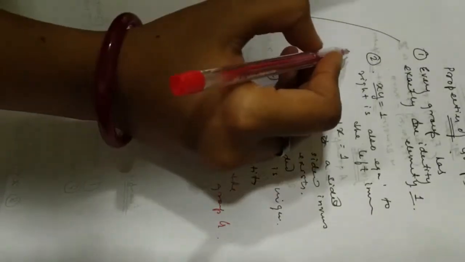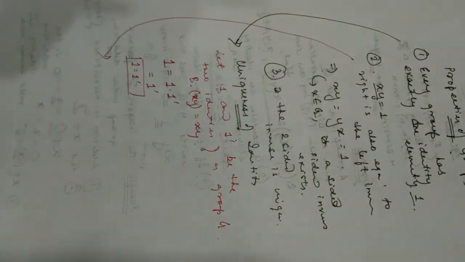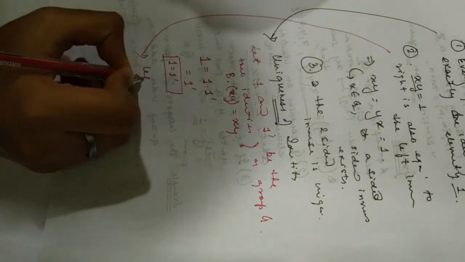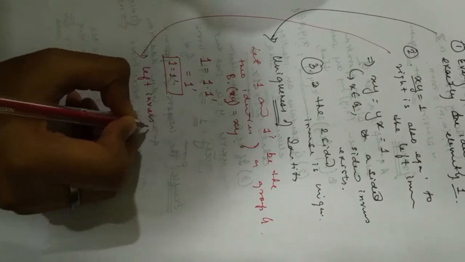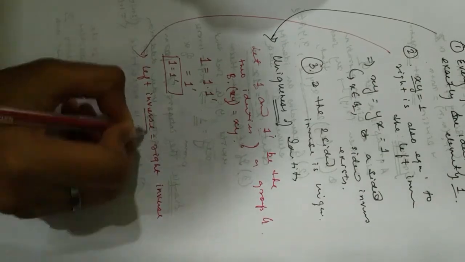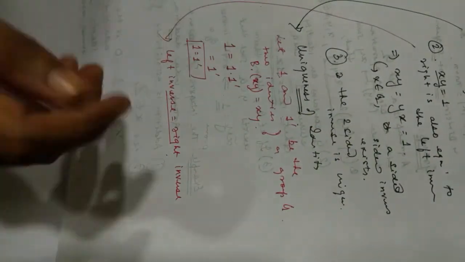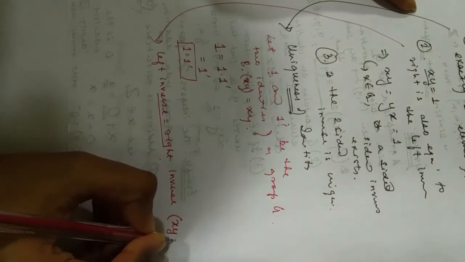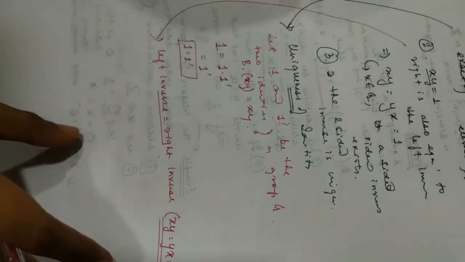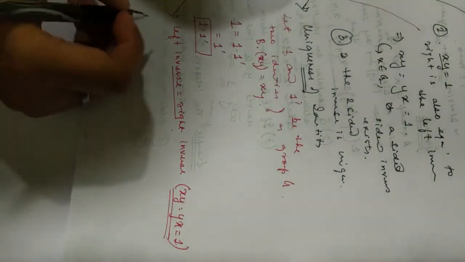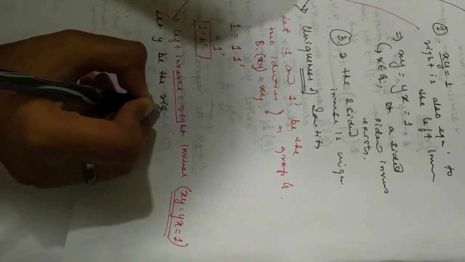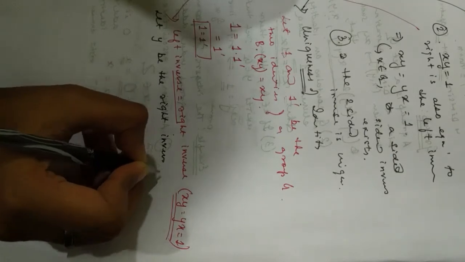Now let's go to the second proof. Second is two-sided inverse exists. That means we have to prove left inverse is equal to right inverse, right? What we need to prove is xy is equal to yx is equal to 1. Okay, so let y be the right inverse of x.